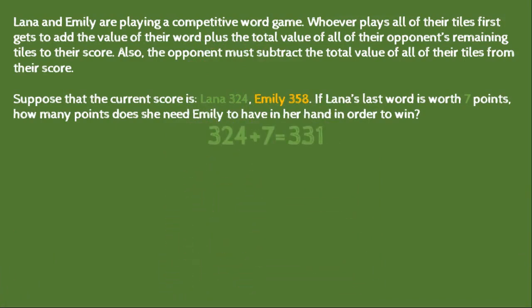First, we know that Lana ended up with 324 points, and her last word is 7 points. So with the rules, we can add those points to her score. 324 plus 7 equals 331.